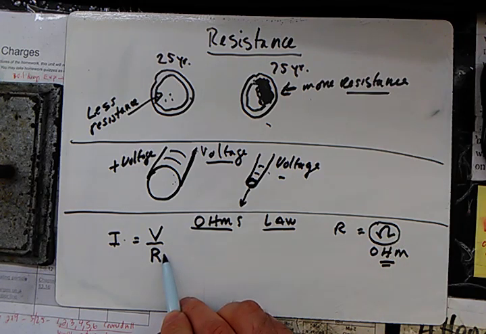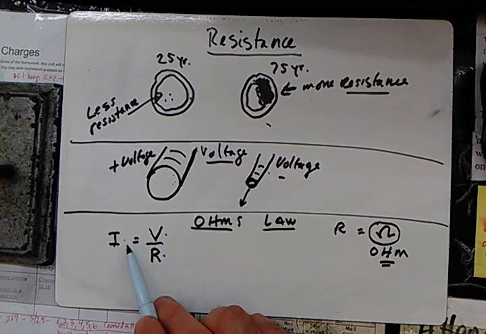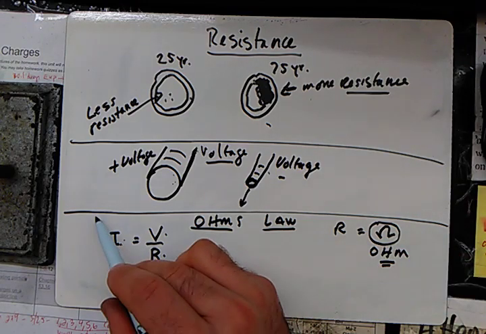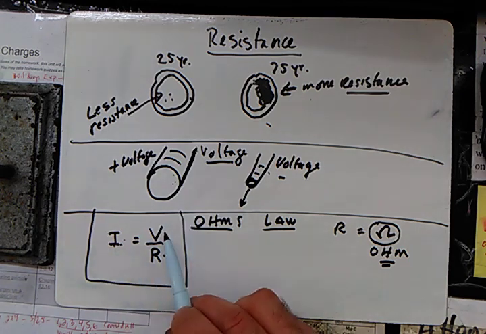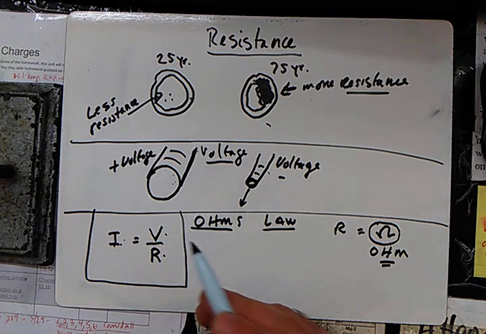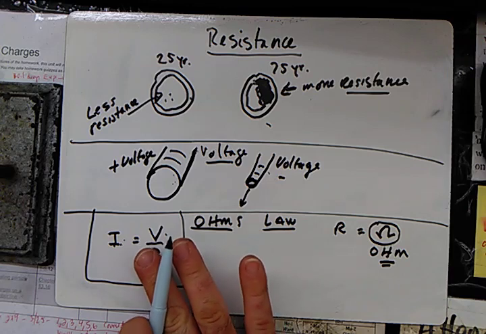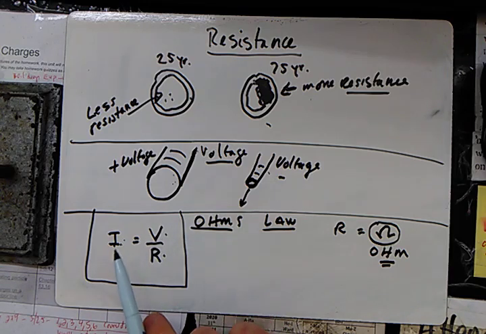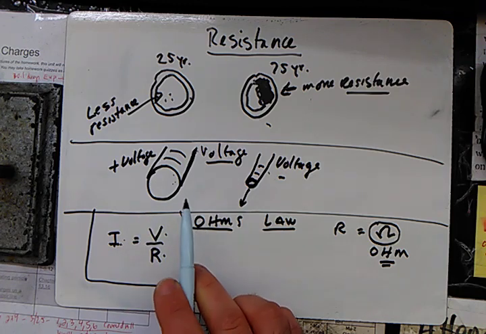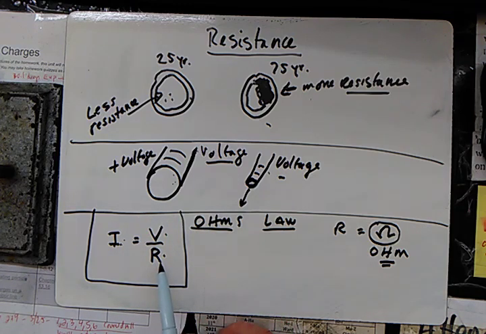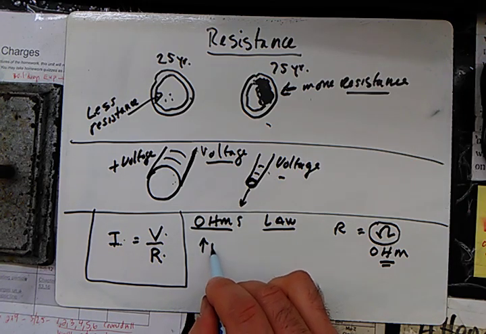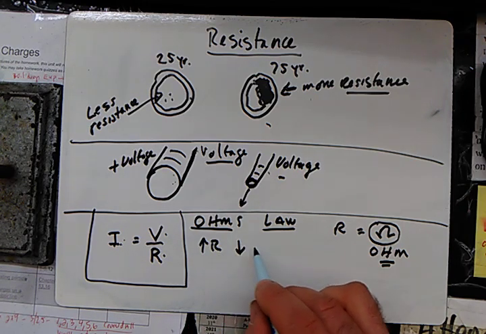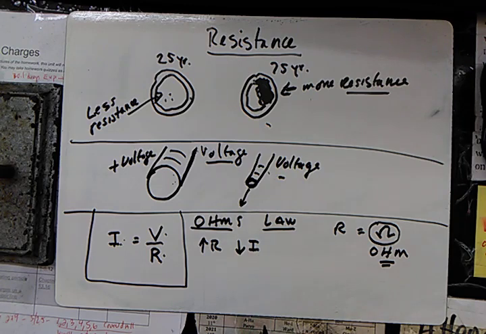So if I give you a resistance number and a voltage number, you should be able to come up with a current number. And also be able to rearrange this equation as needed. So look, if we had no resistance, the current would be equivalent to the voltage. But because there is a resistance factor in there, the higher the resistance, the lower the current.